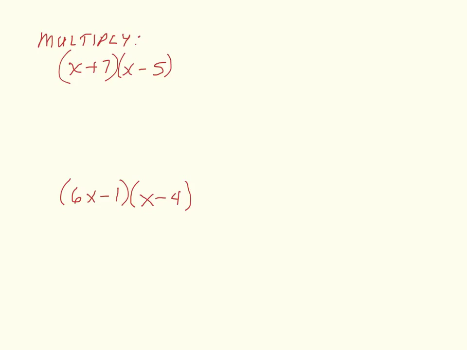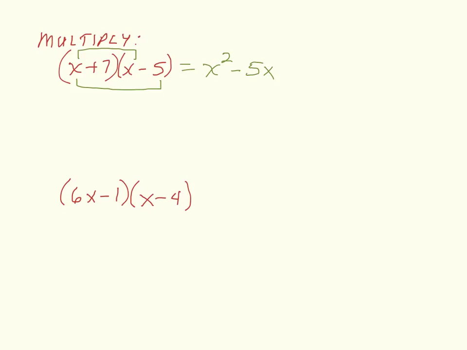Okay, so let's look how this FOIL is done. So let's do quickly the FOIL method. First times first means x times x. So that gives us x squared. O is outer, so the two outer terms, x times negative, now you have to look at that as negative 5, so that's negative 5x.